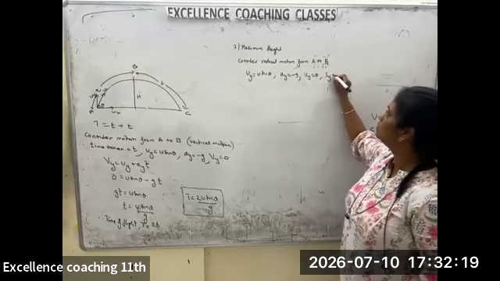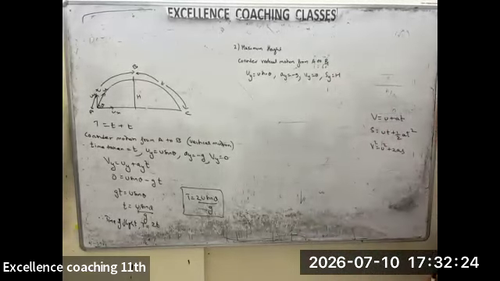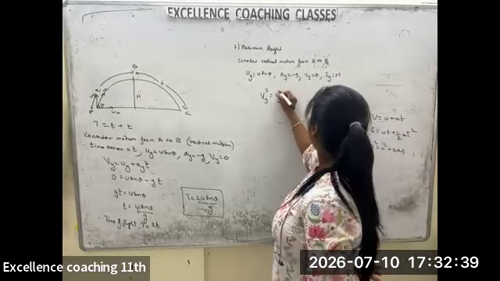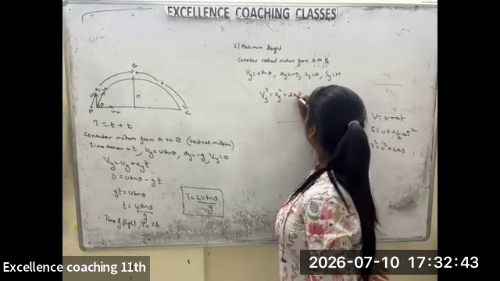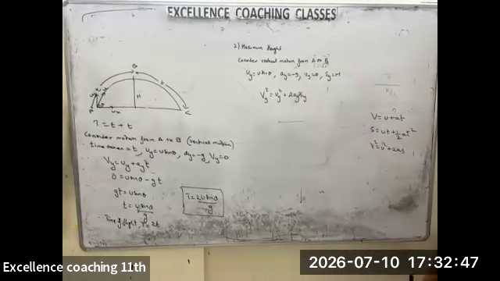So vertical displacement will be now, which formula will you use? Third one. Taking time, but again it will be too complicated. We can use this one. So vy square is equal to uy square plus 2ay sy. Correct?